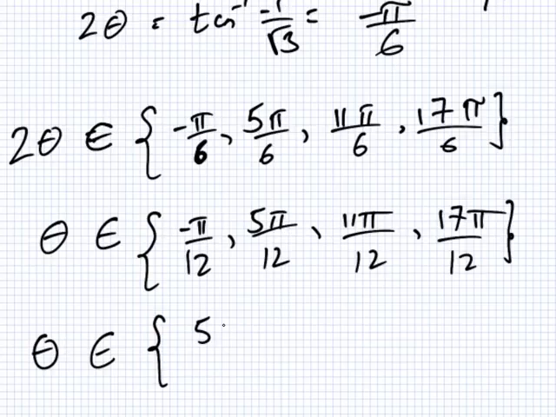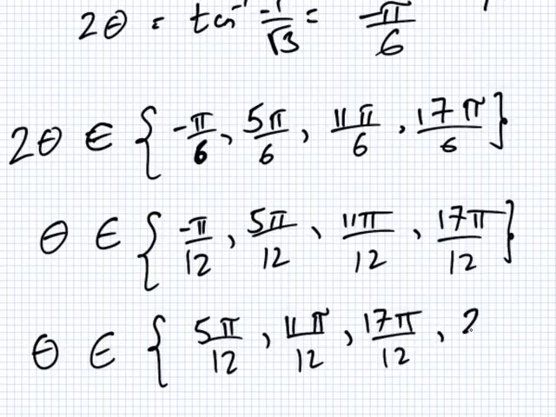So I have 5 pi over 12, 11 pi over 12, 17 pi over 12, and 23 pi over 12. I just pushed it to the back. So these are the 4 answers between 0 and 2 pi for my equation.